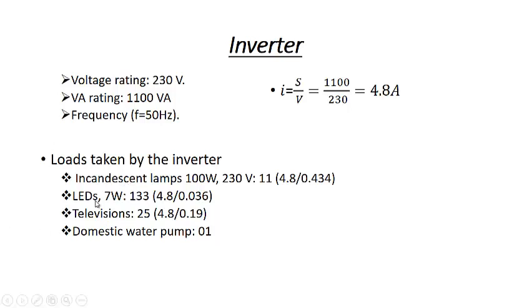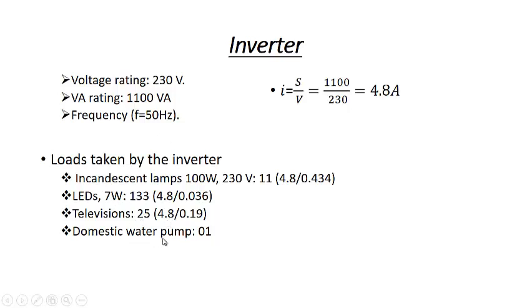Similarly, for a television, we know that a television draws 0.19 ampere for 230 volts. So in that case, it will be able to supply 25 televisions simultaneously. So it will work well.